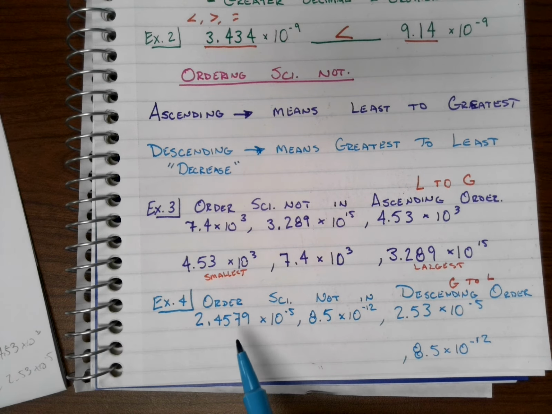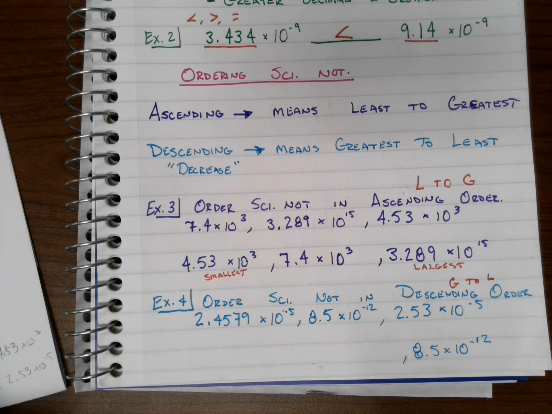So then let's compare these two. Okay, when your exponents are the same, we go to the decimals. 2.4579, 2.53. My twos are the same, so we're going to start comparing tenths place, hundredths place, and all that good stuff. All right, so 2.5, 2.4, but that 4 can be rounded to a 5. Okay, so let's look at the hundredths place. 5.3, 4.5, that 5 can be rounded to a 6. So 5.3 is definitely greater than 4.6.